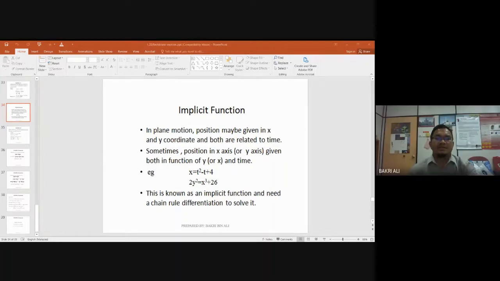And because x is given in the function of t, of course y must also be a function of t. So to solve this equation, we need chain rule differentiation and integration technique.